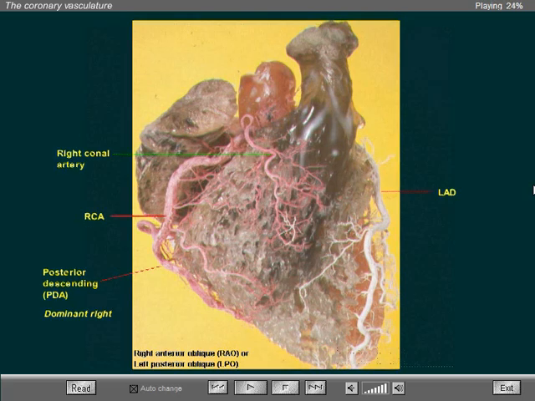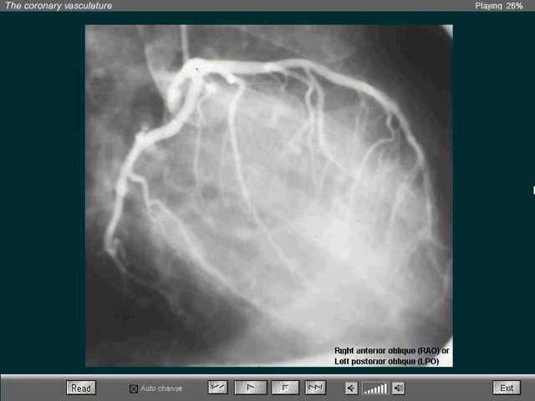In the next angiograms, we're going to see in the left posterior oblique projection the left coronary arteries. Note a normal left anterior descending, and note a circumflex branch which stops at the crux of the heart. The crux of the heart is the junction of the interatrial and interventricular septum and the atrioventricular groove in the back of the heart.